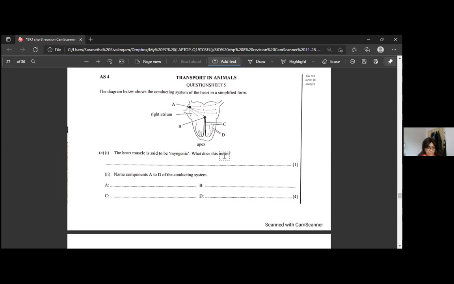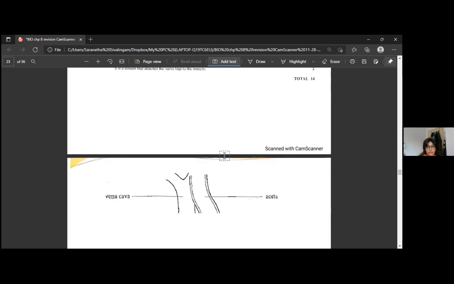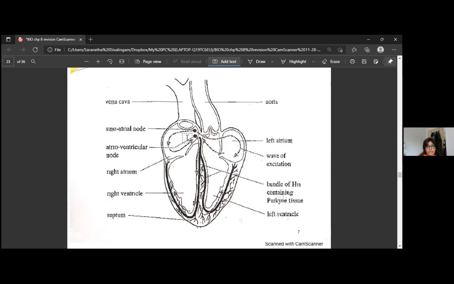Um, no, Zisian, I'll show the image again. The sinoatrial node is here, and then the atrioventricular node is closer to the middle.